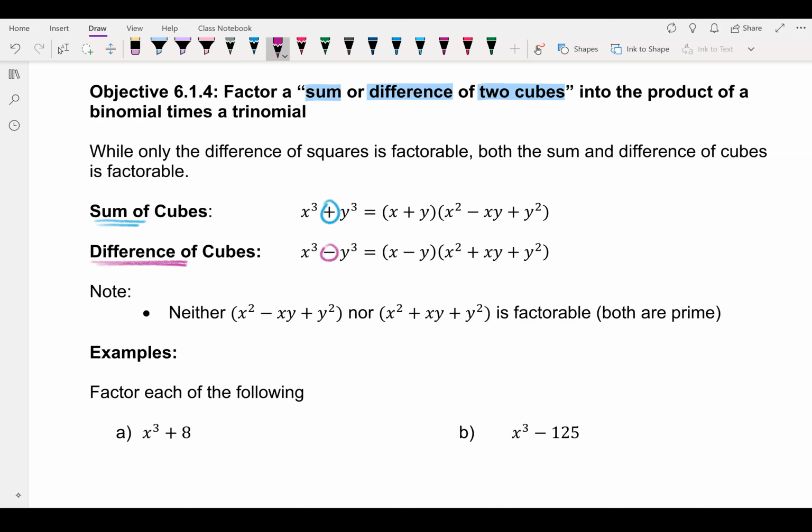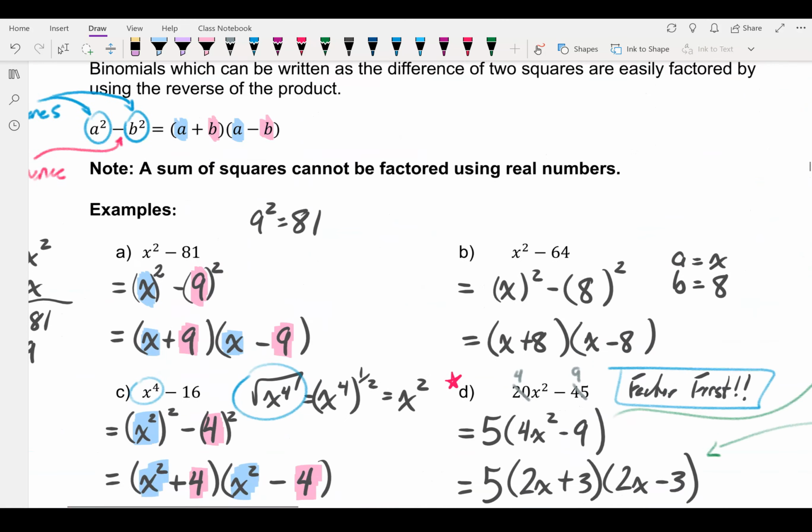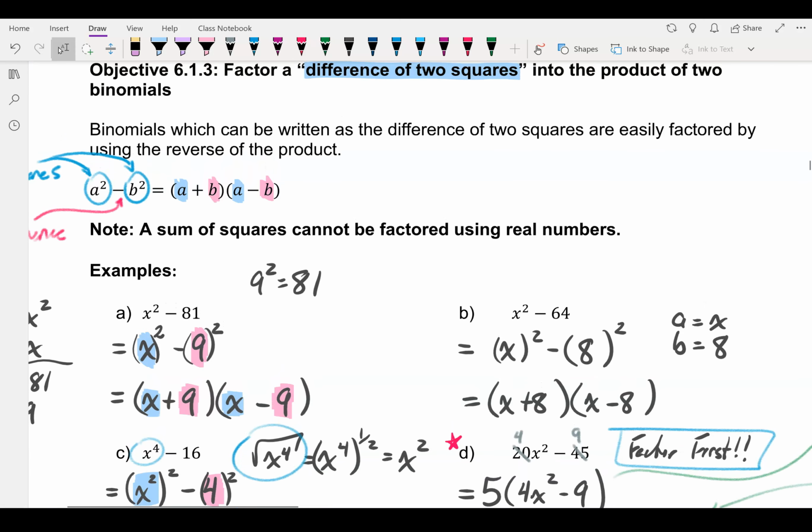It means subtraction. And it might be important to notice that we are allowed to do the sum of cubes. We actually cannot do the sum of squares. Let me go back to the previous page to point something out that probably would have seemed pointless at the time.